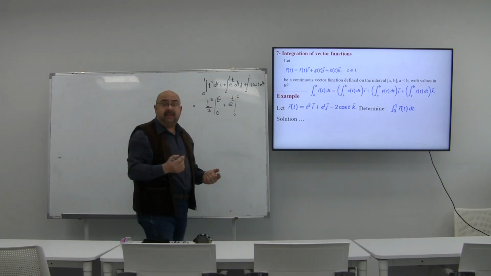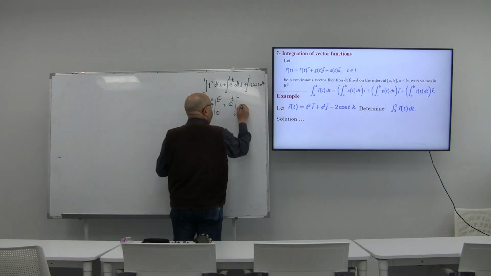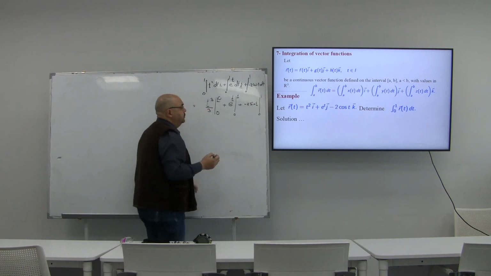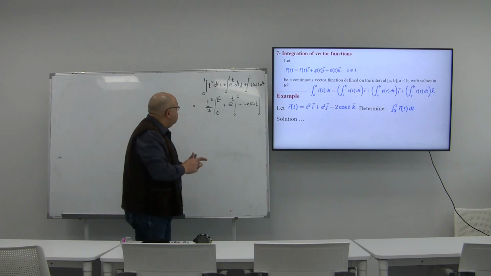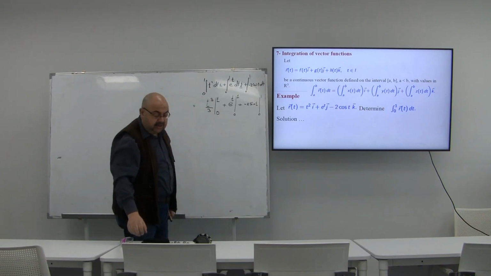Integrating cosine t, you end up with sine of t, so for the last one I will have negative 2 sine t, and all of this I will evaluate from 0 to 1. So simply, all I had to do is integrate, then do the substitution.